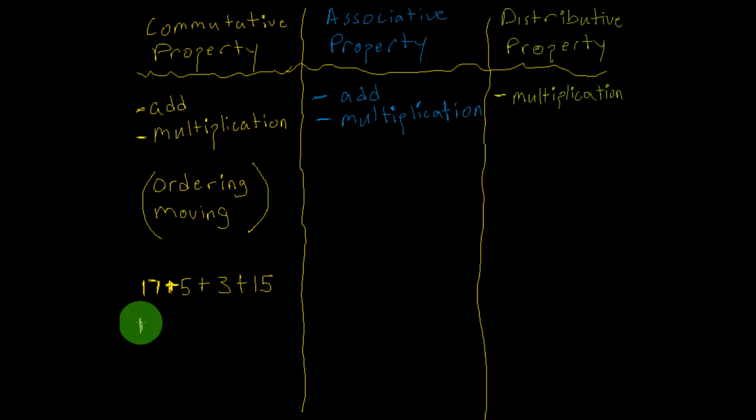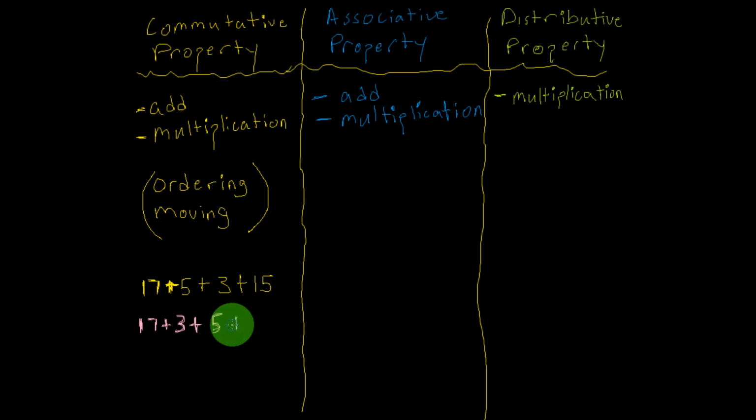I'll start with that big number. So we have 17, and this time I want to add 3 to it, because 3 plus 7 gives us a nice, easy number to work with. So we have 17 plus 3, and then that just leaves me with 5 and 15. And 5 and 15 go well together, so I can put these together.